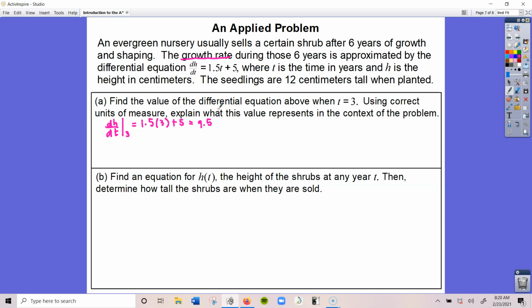Now remember the units. This is height over time. So this is centimeters per year. So when we are trying to explain what this means in the context of the problem, since I plugged in 3, this is at 3 years. So we would say 3 years after being planted.